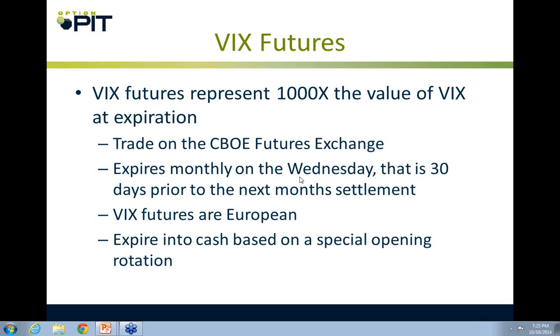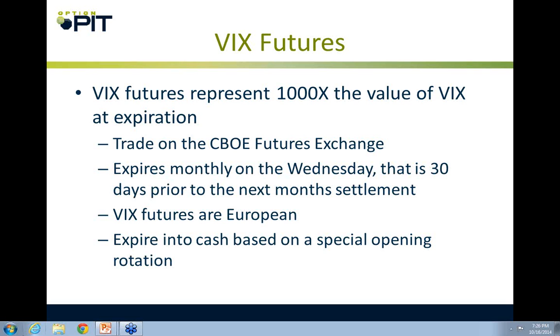Remind me of that one at the end as well. So it expires monthly, it's 1,000 times the value of the VIX, and it trades in nickel increments. Thus, a 1 nickel tick is $50. Not bad, right?